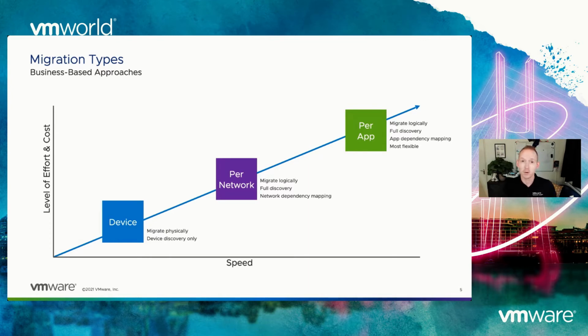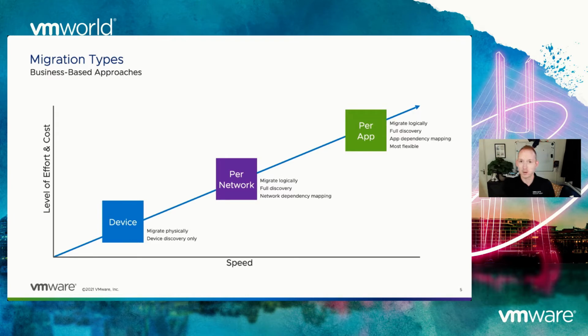The middle one, the per network, is basically when you are migrating per network, per VLAN, per subnet, or per logical switch if you've got a virtual network. And that's the most easy one when it comes to the mid flexibility level. So in this case, you are basically just picking up the entire subnet and then moving it to your destination cloud.